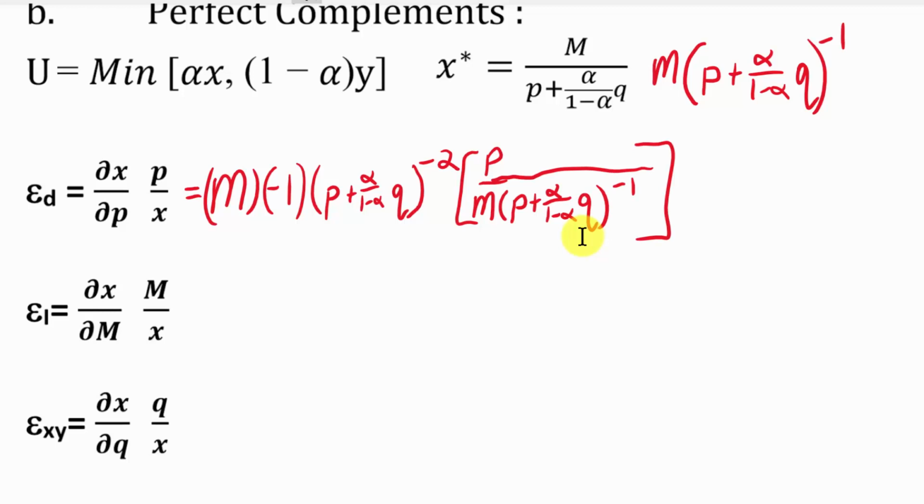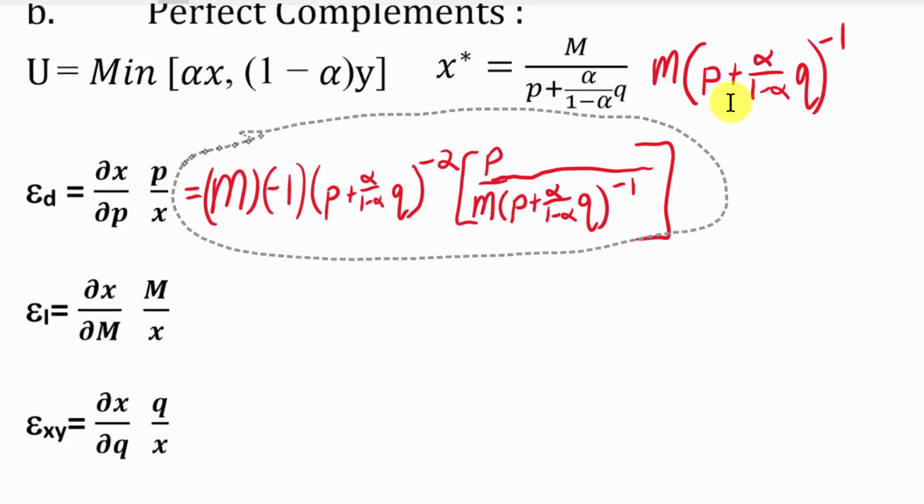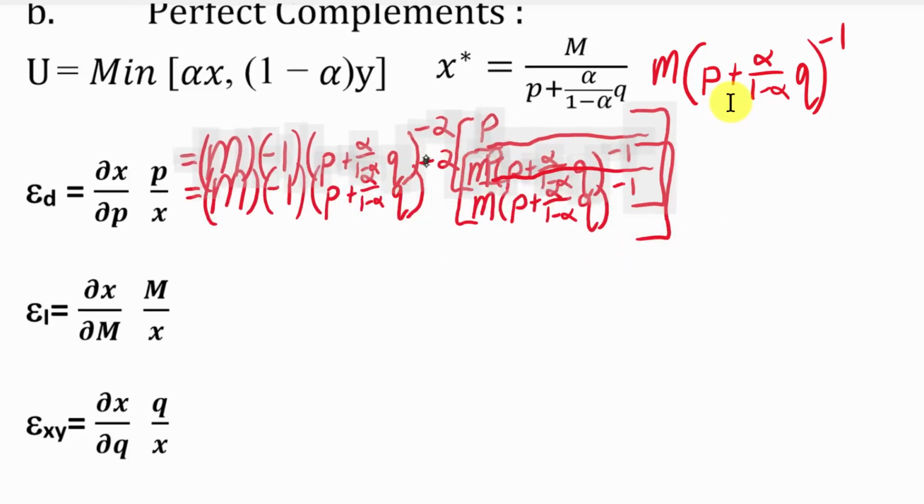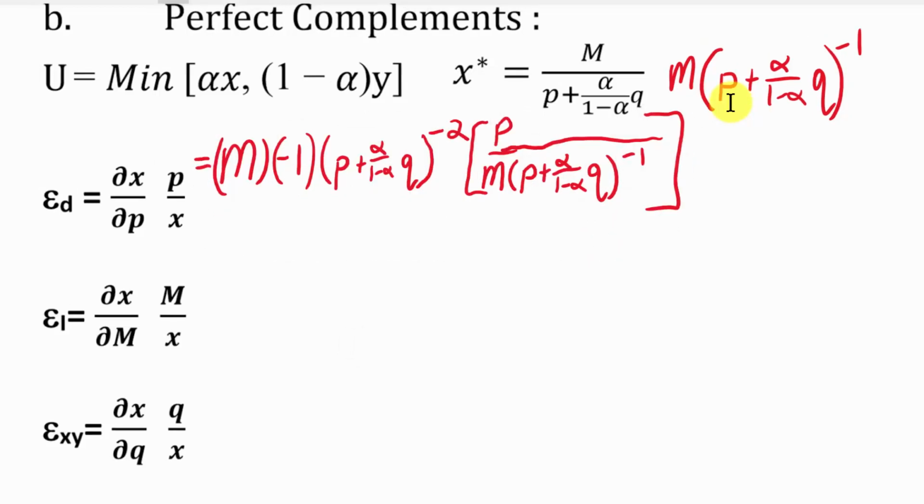So now we want to look for things that are going to cancel. So let's rewrite this. Here, let me move all of this up just a little bit. So first thing we can do is cancel the m's. Here we have an m in the numerator, here we have an m in the denominator. So we know that the budget is not going to play a factor in this own price elasticity.